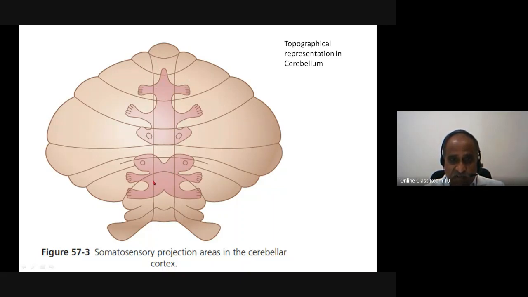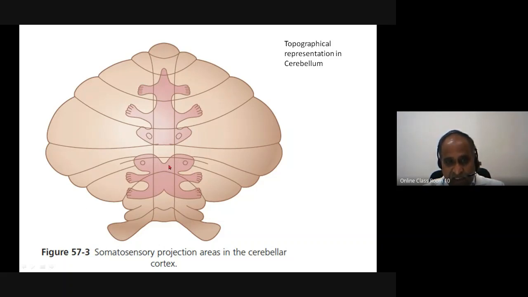The vermis, the central part, involves all the axial muscles. These axial muscles are represented two times. You can just see that this is one part of the axial muscles and another part of the axial muscles. And the distal muscles are here, because up to this point is the spinal cerebellum.